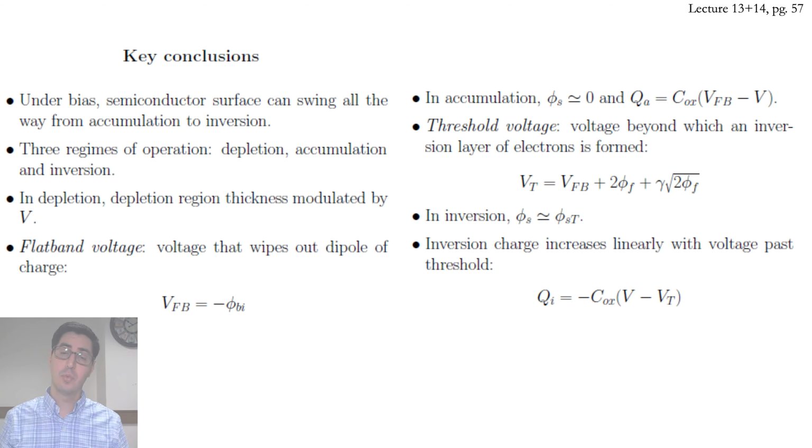We can go the opposite way, to more negative biases, and we hit flat band, where we have no charge in the structure because we've basically undone the phi bi. Remember, VFB is equal to negative phi bi. So at flat band voltage, we have basically zero electrostatic potential drop across the structure, no band bending, and so no charge in the semiconductor. As we go more negative past VFB, we get an accumulation region of holes right at the surface.